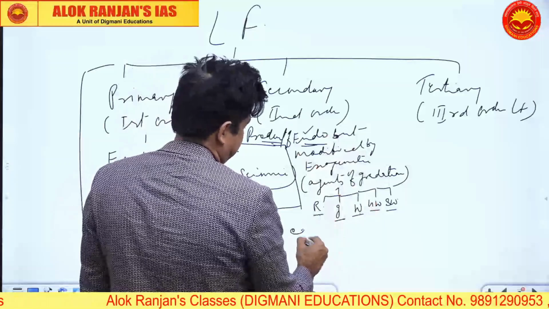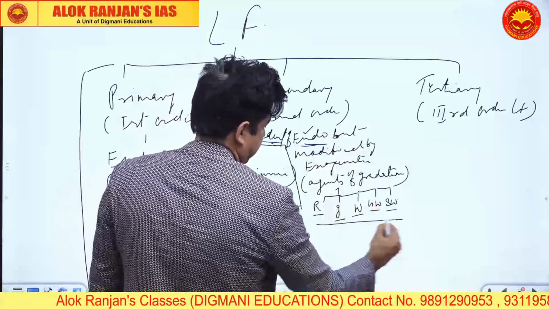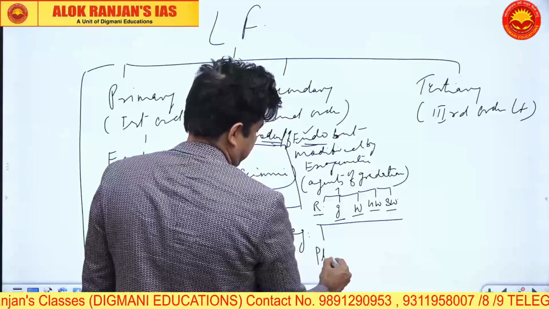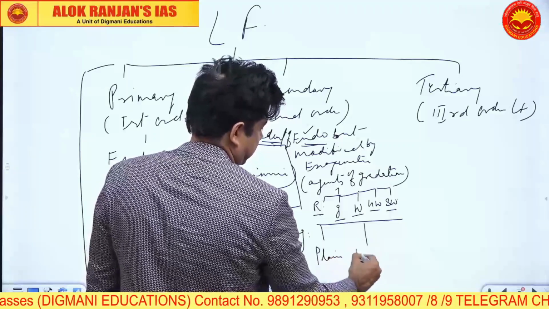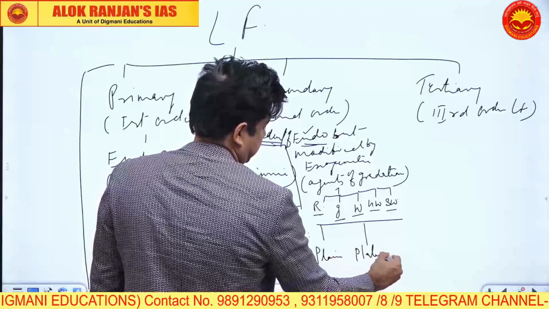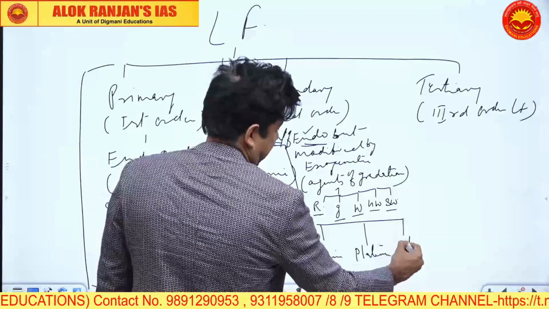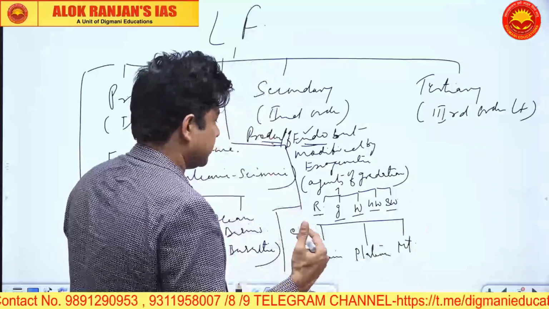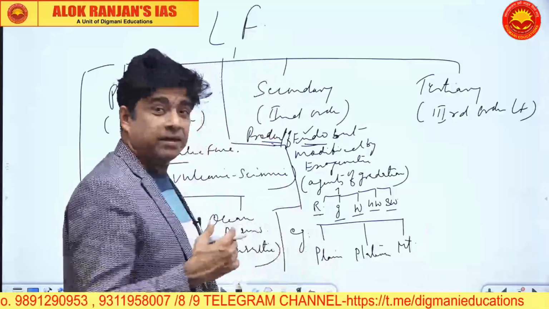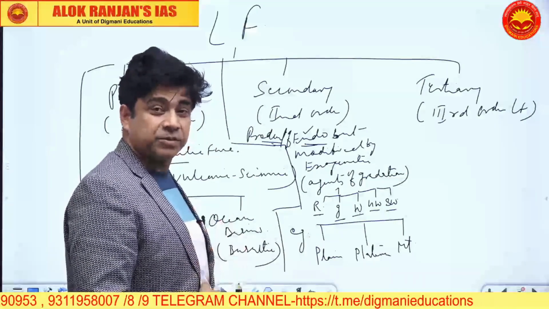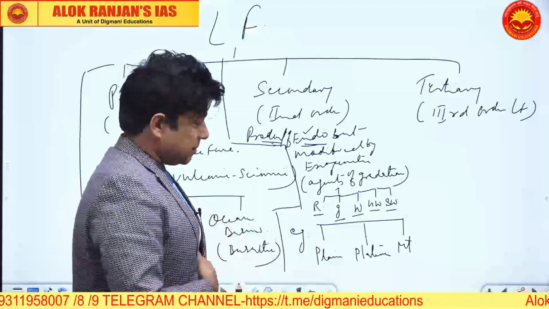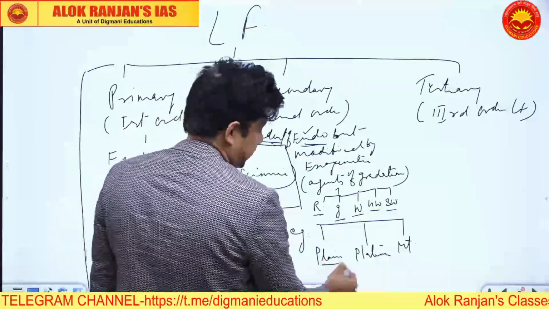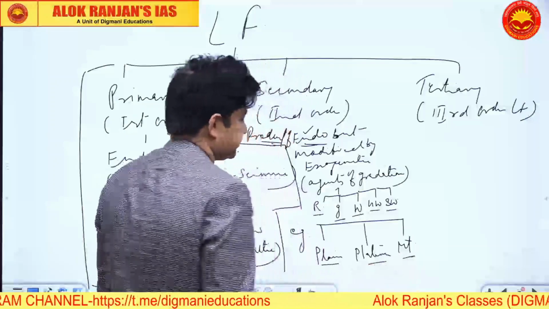Now examples here will be plains, plateaus, and mountains. So the plain, plateau, and mountain are basically secondary features. They are produced by endogenetic but modified by exogenetic forces.